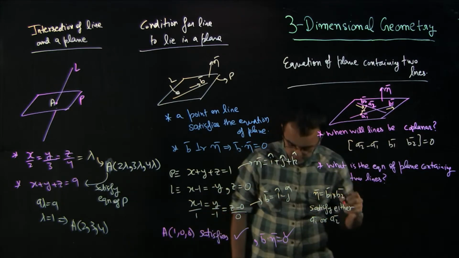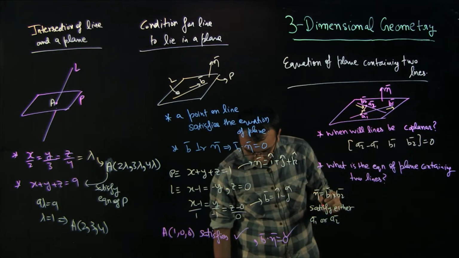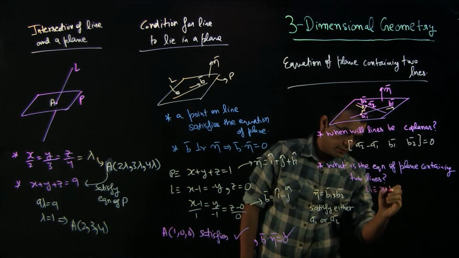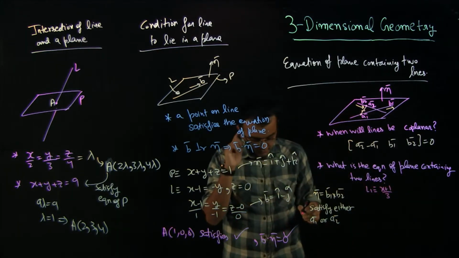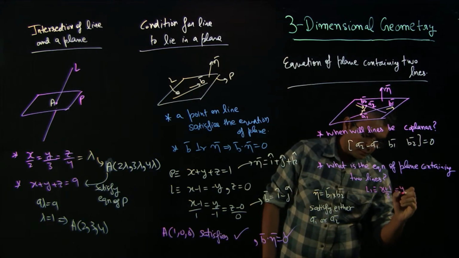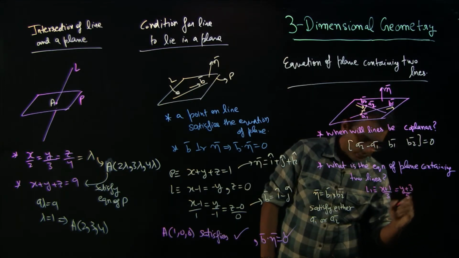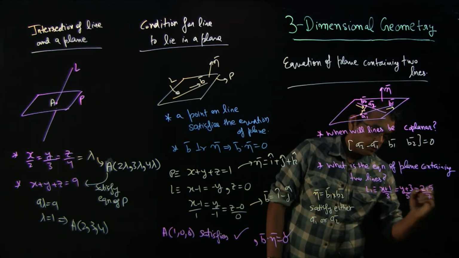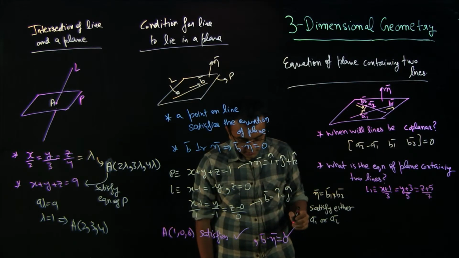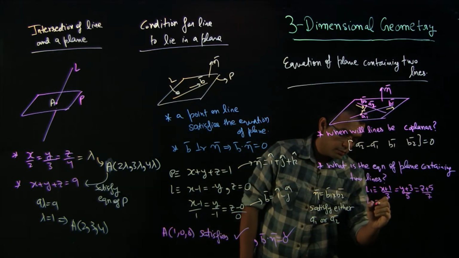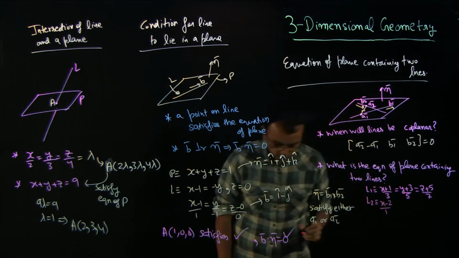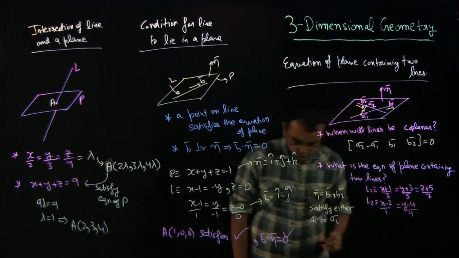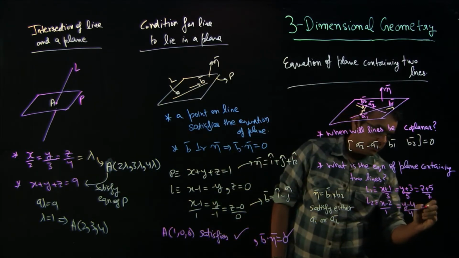Okay. So let us do an example quickly to find this. L1 is x plus 1 by 3 is equal to y plus 3 by 5 is equal to z plus 5 by 7. L2 is x minus 2 by 1 is equal to y minus 4 by 4 is equal to z minus 6 by 7.